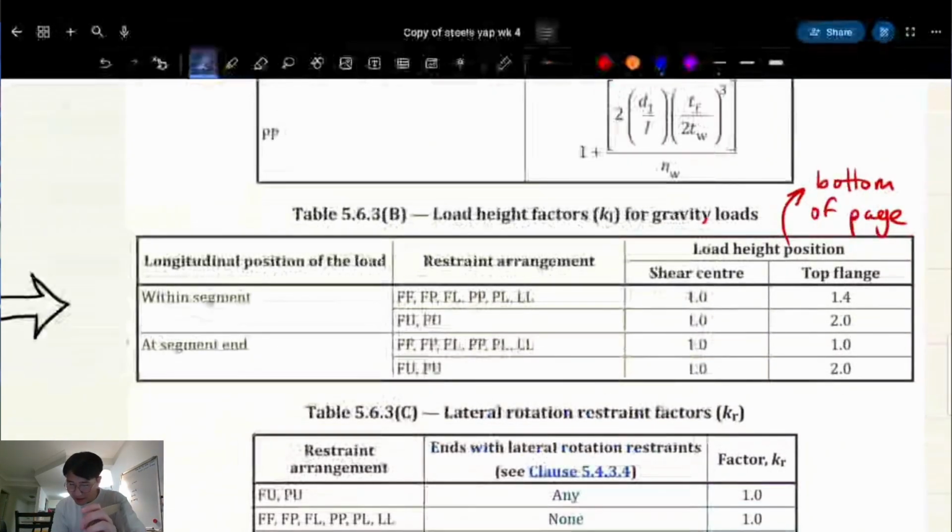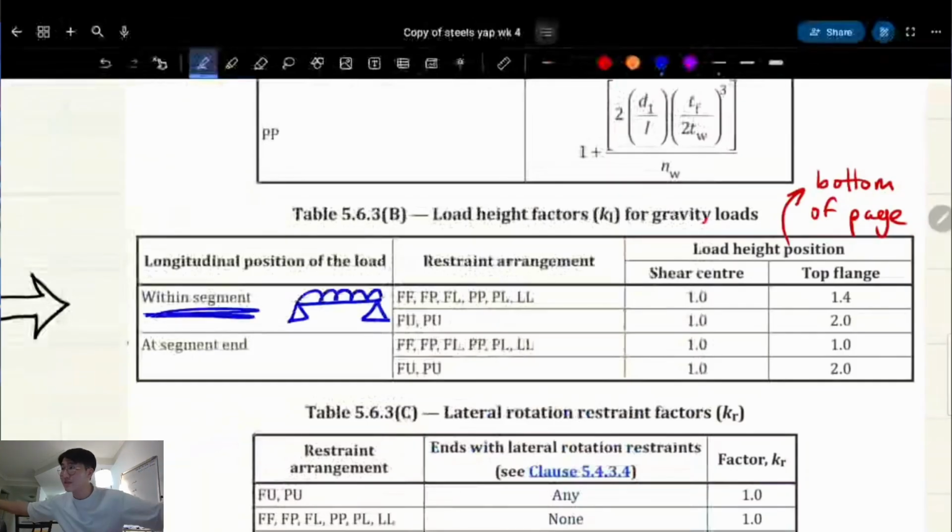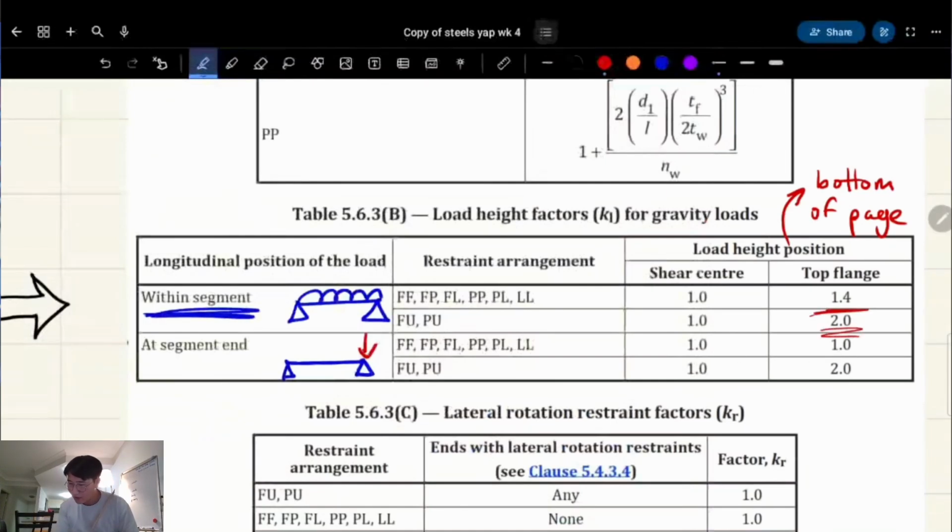Within segment is like if you have a uniformly distributed load, it's loaded within the segment because the segment is the entire beam. If you have a segment end, that means it's loaded there, like a point load. That's bad. But actually, it's honestly better for most of these cases. For top flange, right? The thing is, the worst one is cantilever.